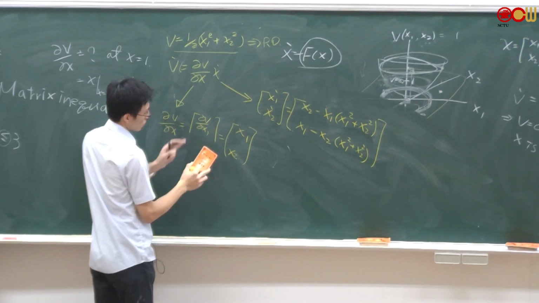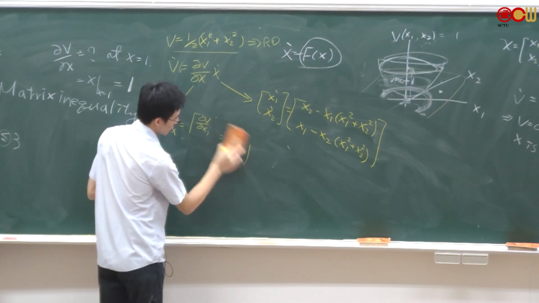After you take the gradient, this will be a row vector, not a column vector.